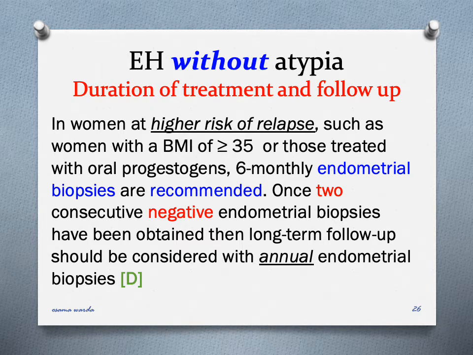In women at higher risk of relapse, such as women with body mass index more than 35 or those treated with oral progestogen, 6 monthly endometrial biopsies are recommended. Once two consecutive negative endometrial biopsies have been obtained, then long-term follow-up should be considered with annual, every year, endometrial biopsy.